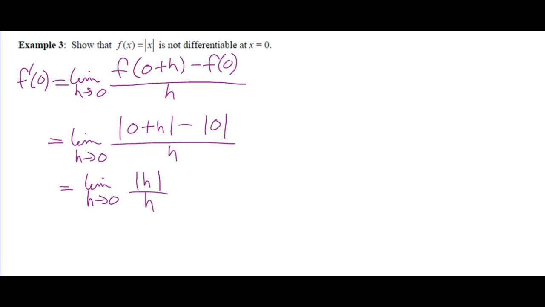Now, we know that the absolute value function kind of does things around 0. So if we approach 0 from above, then what's the definition of absolute value of h? If h is positive, then absolute value of h is simply equal to h, right?